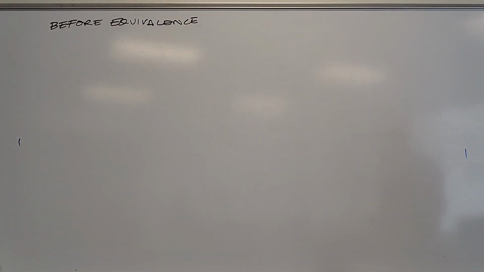Doing this at volumes that are not at equivalence means that we have to find what's the leftover bit, or the unreacted bit, what's in excess, and then take a look at that. Okay.